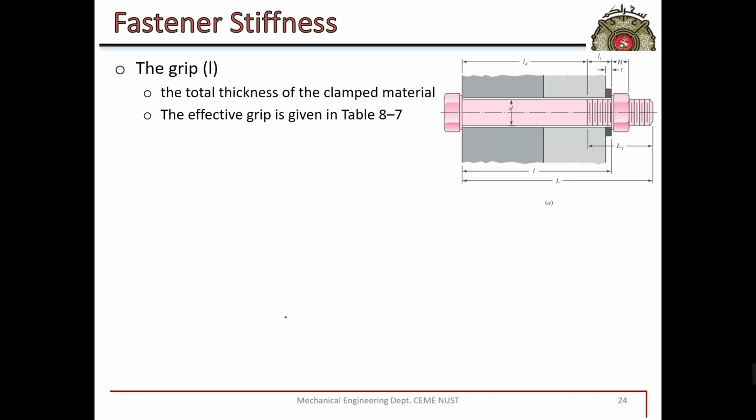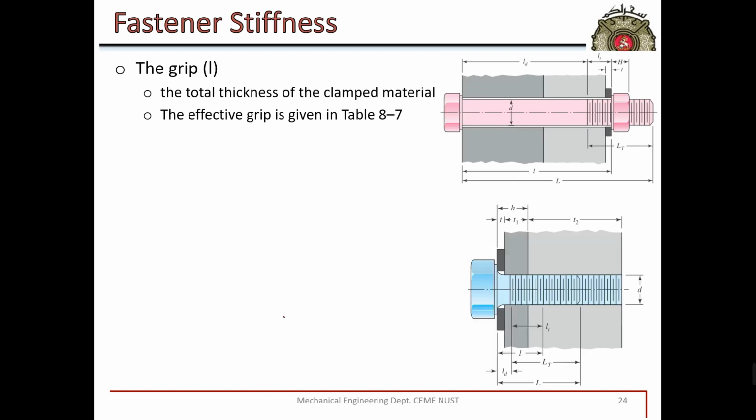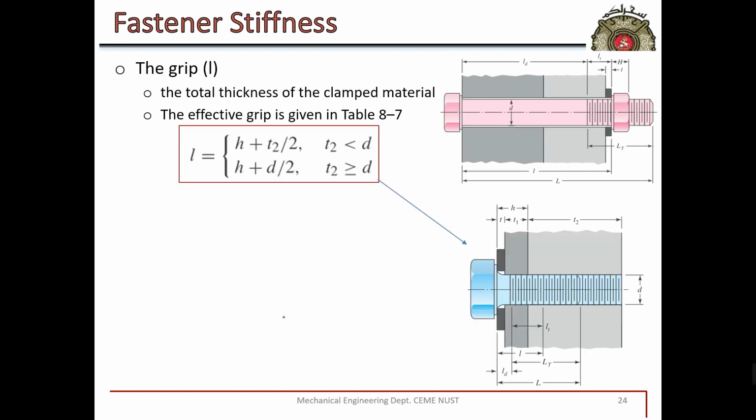There are some definitions for fasteners. To calculate KB and KM, for KB only, you can go to table 8.7. In table 8.7, you have two figures, one for the cap screw and the other for the nut and bolt. For the cap screw, you can calculate lead.